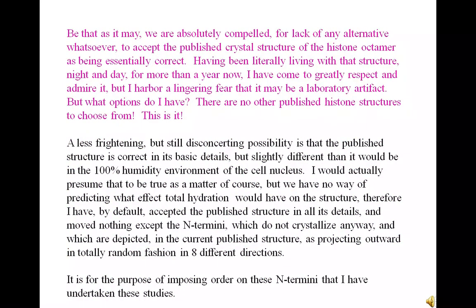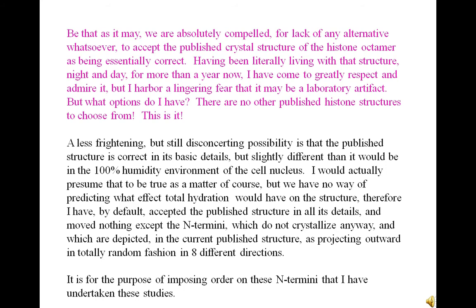Be that as it may, we are absolutely compelled, for lack of any alternative whatsoever, to accept the published crystal structure of the histone octamer as being essentially correct. Having been literally living with that structure night and day for more than a year now, I have come to greatly respect and admire it, but I harbor a lingering fear that it may be a laboratory artifact. But what options do I have?